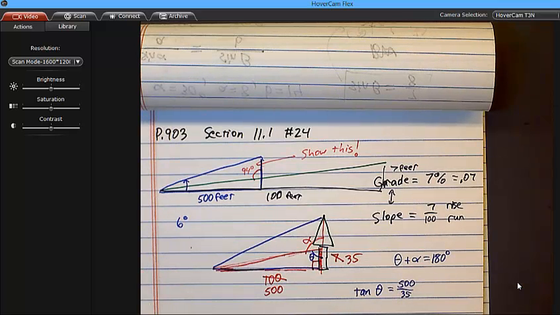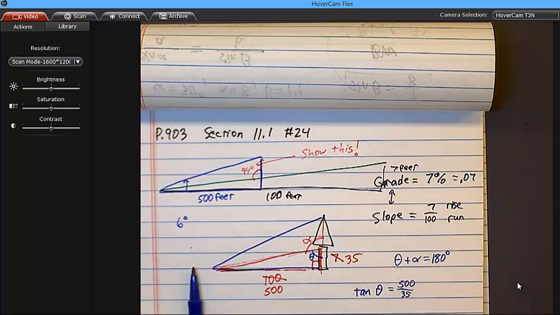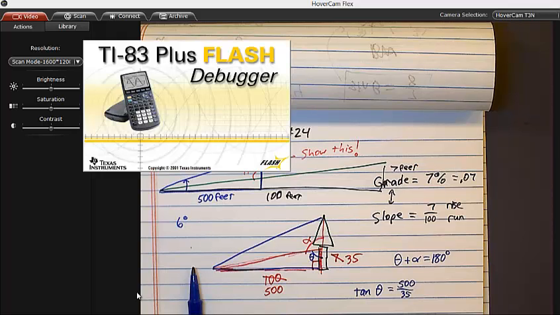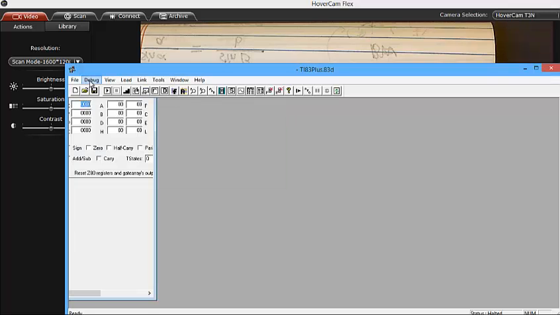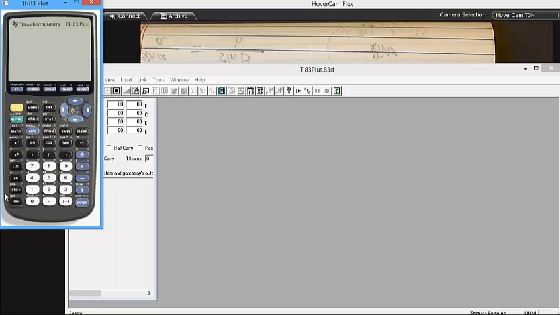Okay? But again, I can see where this may be wrong. Let me give it a shot and see how the calculator does with that. So I know that the tangent of theta is equal to that. So if I want to find theta, what am I going to type in? Yep. So we'll try that. Again, I want to make sure this time I'm on degree mode, right? I think I usually am. Let me double check that. So if I press the mode button, yeah, I have degrees ready. And so I'm going to type in inverse tangent of 500, that's the opposite, over 35.